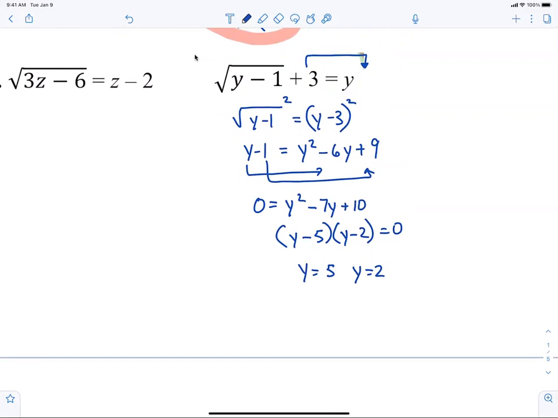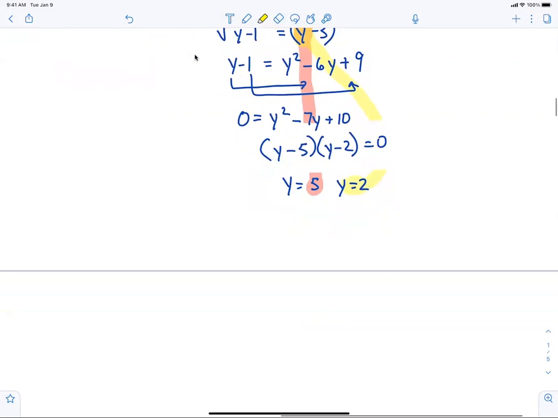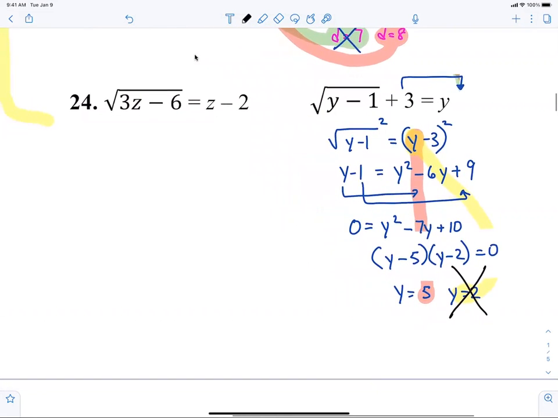Now, if I plug 5 in, does 5 work? Yes, 5 does work. Does 2 work? No, 2 does not work. So the only answer is y equals 5. All right, I'm pretty happy with that. Now let's take a look at 24. 24 is the same.